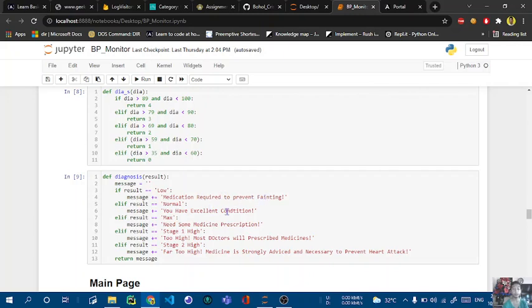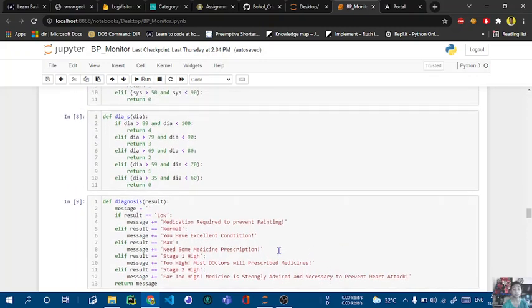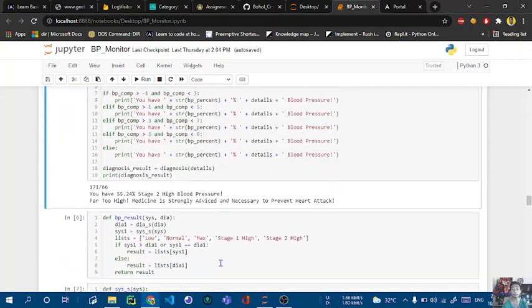If normal, you have excellent condition. If max, needs some medication prescription. Stage 1 high, 2 high, most doctors will prescribe medicines. Stage 2 high, far too high, medicine is strongly advised and necessary to prevent heart attack. So 4, which is stage 2 high, would give that result.